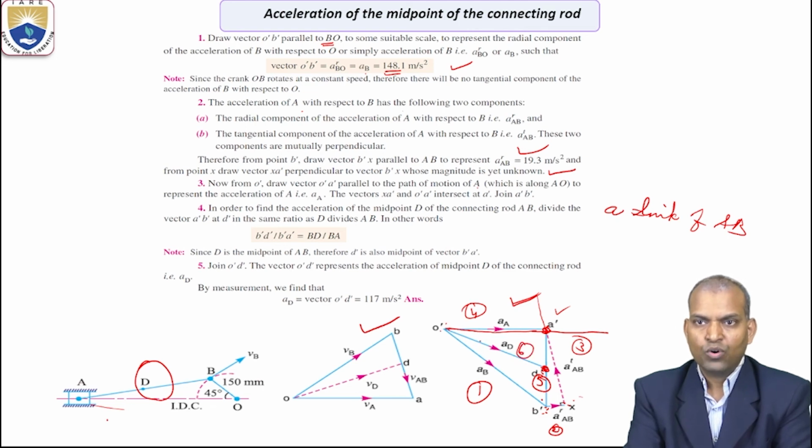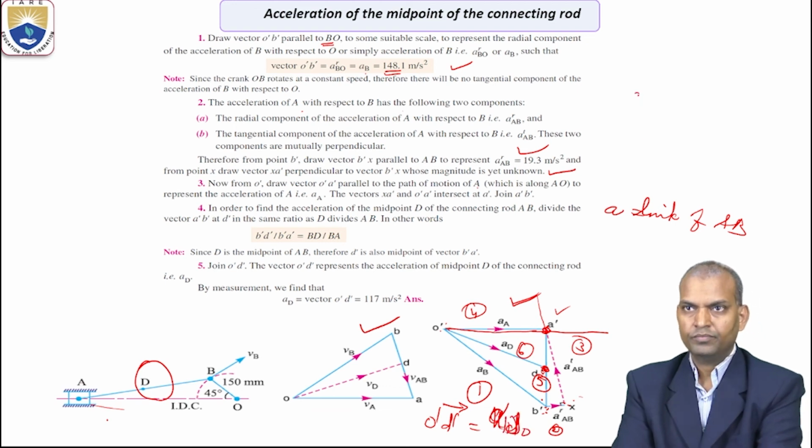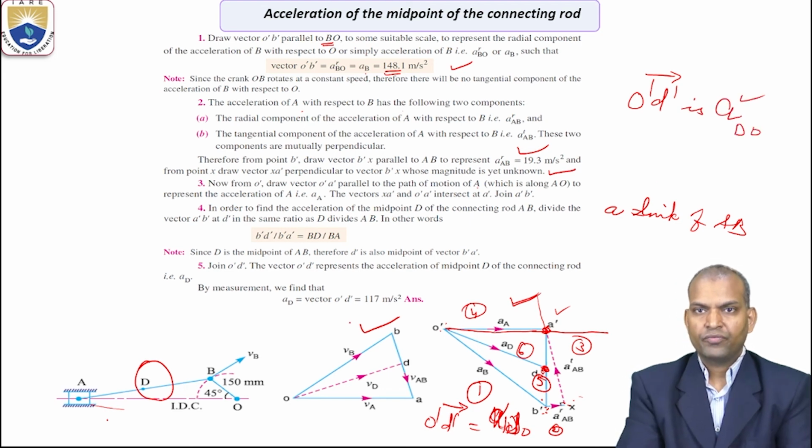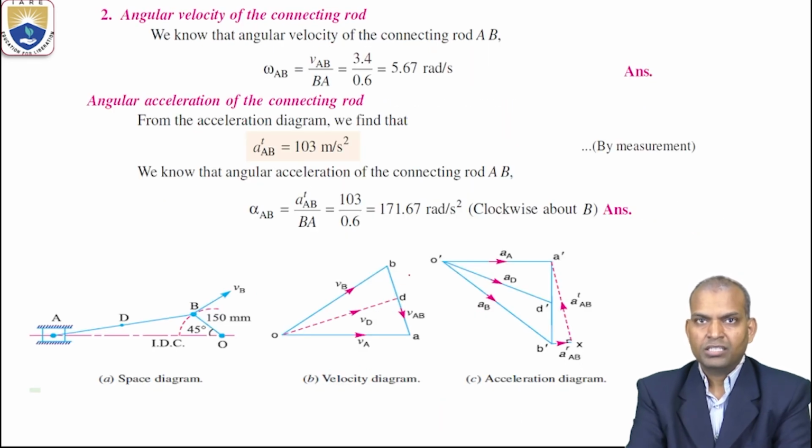Then if you measure O dash to D dash, vector O dash D dash is the acceleration of D with respect to O. In the acceleration diagram, O dash D dash is the acceleration of D with respect to O. Thus, we will find the acceleration AD equal to 117 meter per second square. Okay. This is the manner.